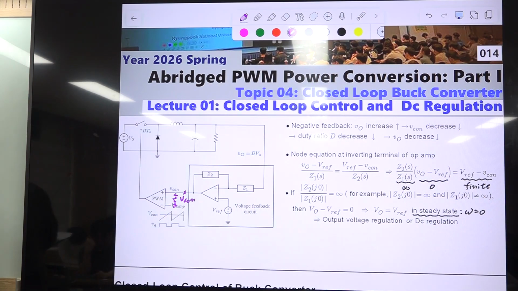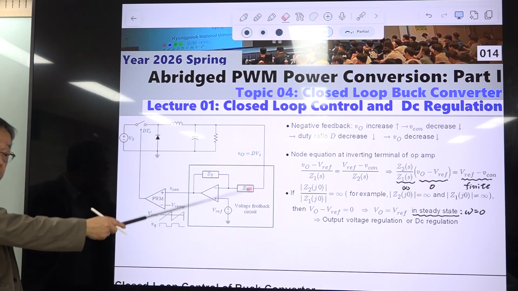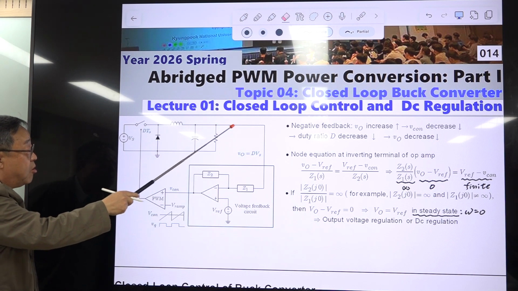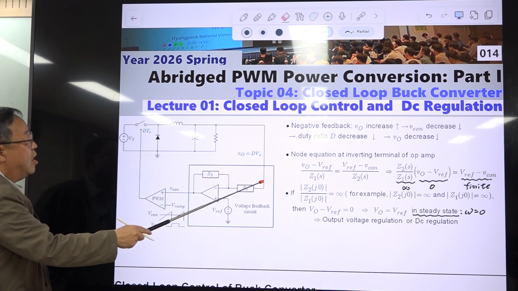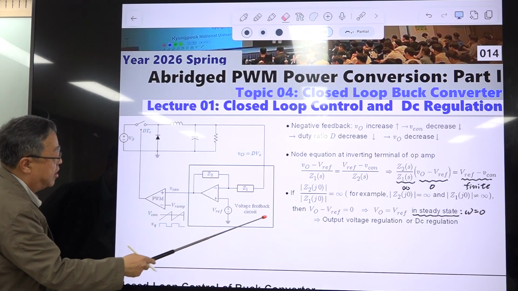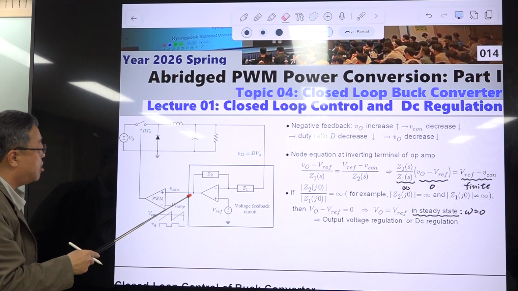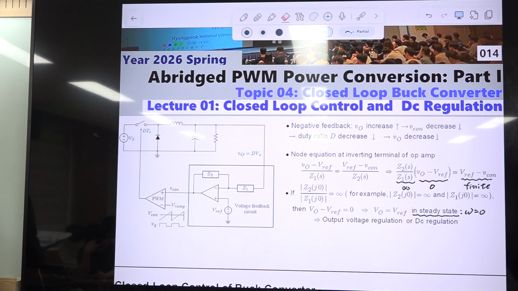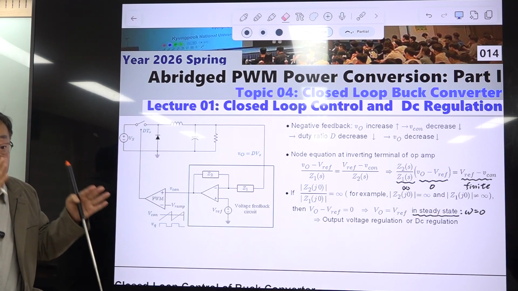Now the control voltage V con is derived from the output. This is the voltage feedback circuit. You are sensing the output voltage of this converter, and there is some voltage feedback circuit, and the output of that becomes this control voltage, V con. This can be varied, so V con is a time varying function. It is more likely fixed, but it can vary within one operational period.